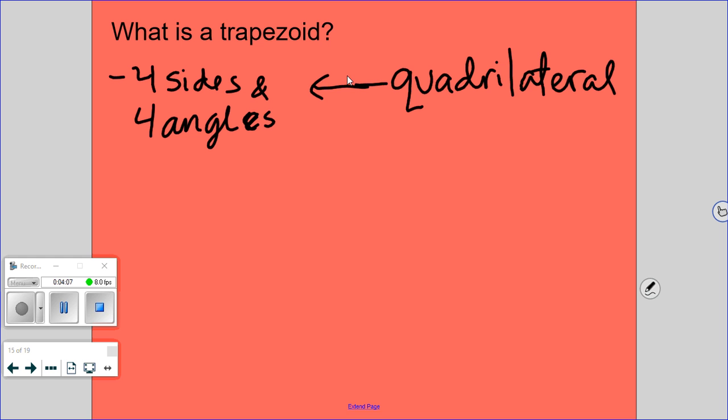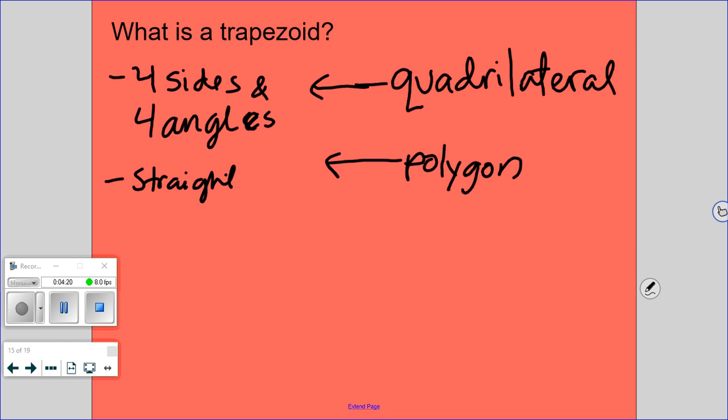We know that this shape is a polygon. That is a name for it. That means it has straight sides and no holes. We already know that.